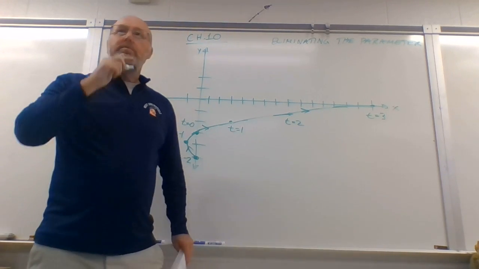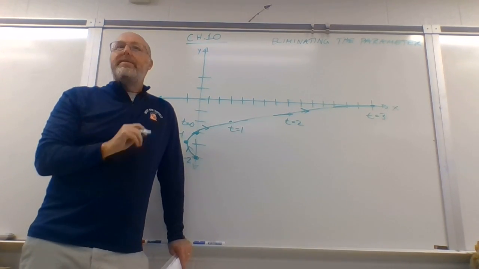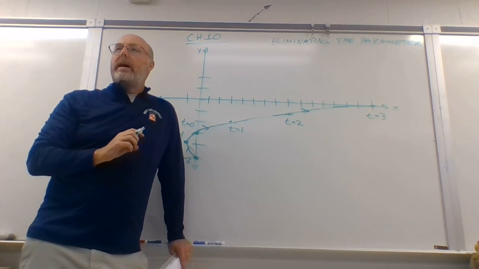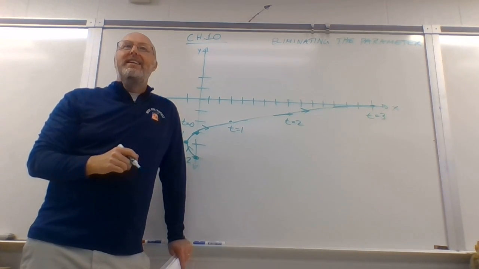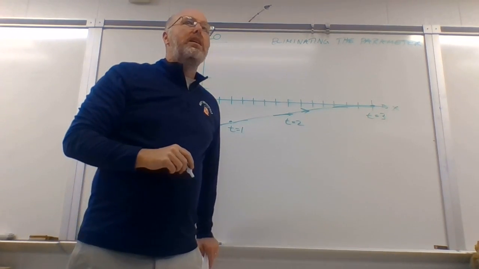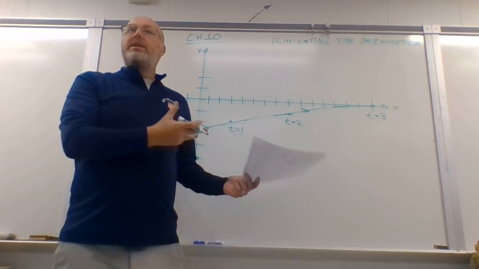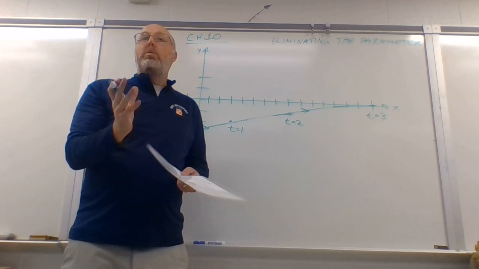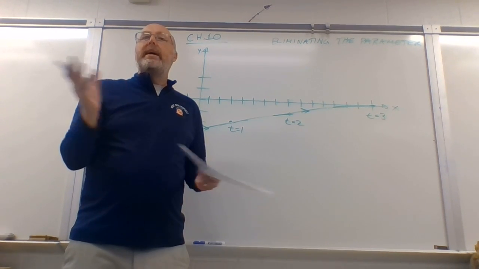Okay, now, you obviously have the two equations, right? What do you think I mean by eliminating the parameter? Kill it. Good. T in this problem was the parameter. I want to get rid of it. How am I going to get rid of it?